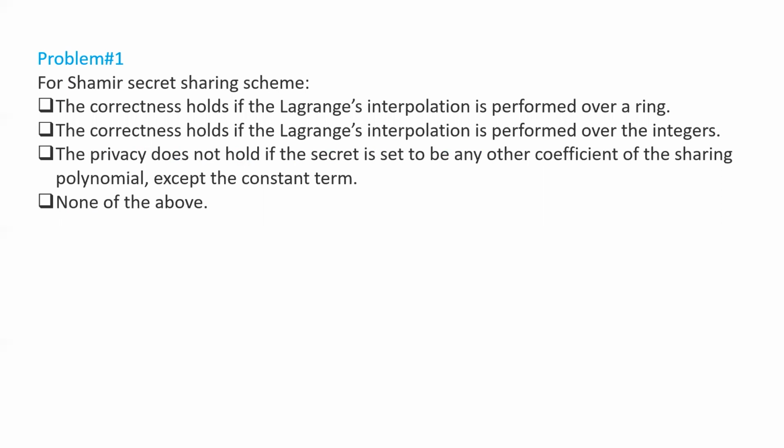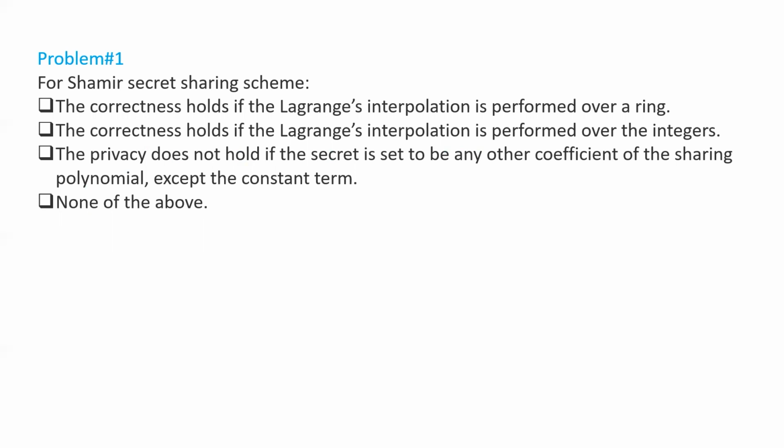That is how the field is defined. Whereas a ring may or may not be a field, because in a ring, all the elements except 0 need not be invertible. But in a field, all the nonzero elements are invertible.